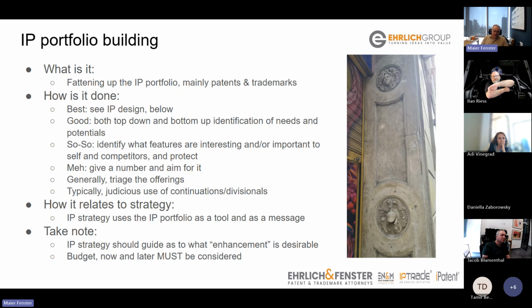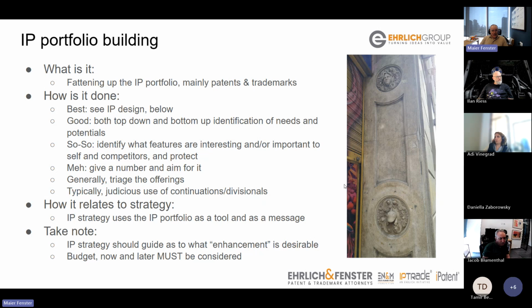Whichever one of these methods you're using, you usually do some sort of triage, and you often use some sort of continuation divisional strategy. Meaning you already have an application that has four inventions, just file three divisionals now, and you have a portfolio that's three applications bigger.